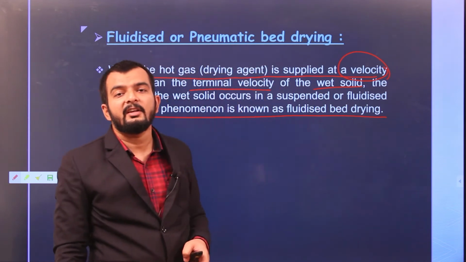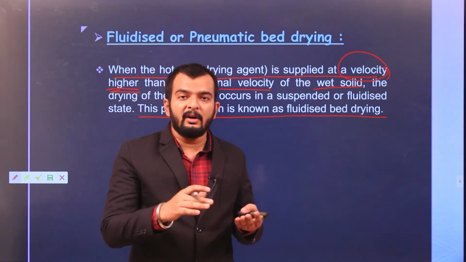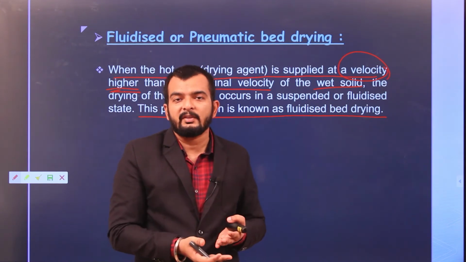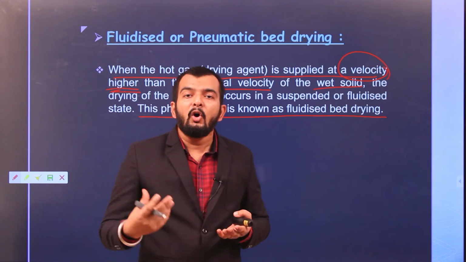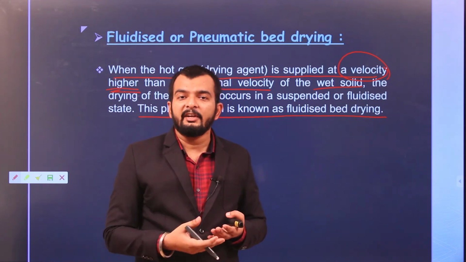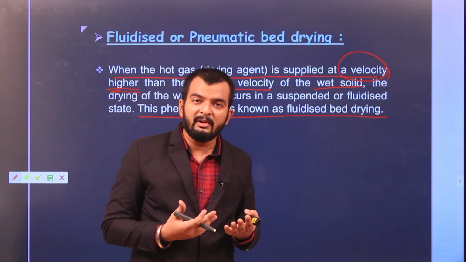So what is happening here is, see, all the grains are laid over a bed, like over a perforated surface. Now from the bottom of this perforated surface, hot gases or drying agent is passed at a velocity which is considerably very high.